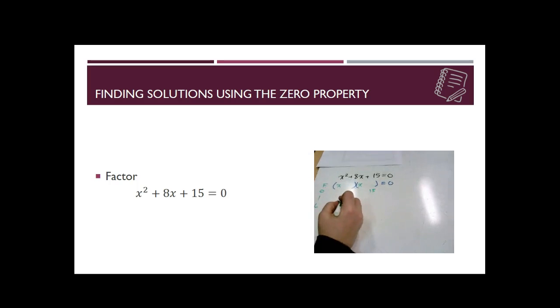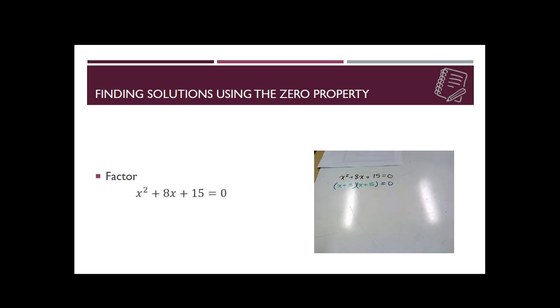I could also use 3 and 5. Now you and I both know that we need this to add to 8, and the only ones that will add to 8 are 3 and 5. So my factored form of that equation is x plus 3 times the quantity x plus 5 equals 0.